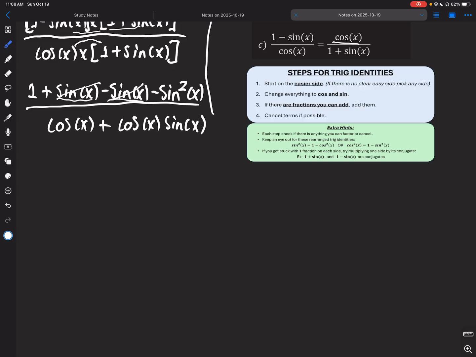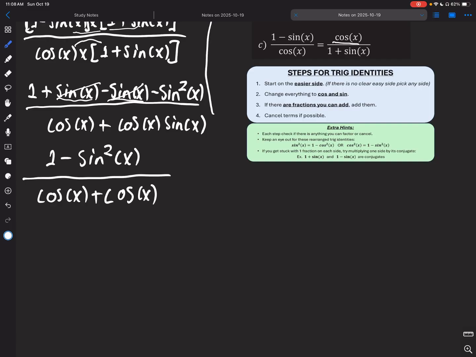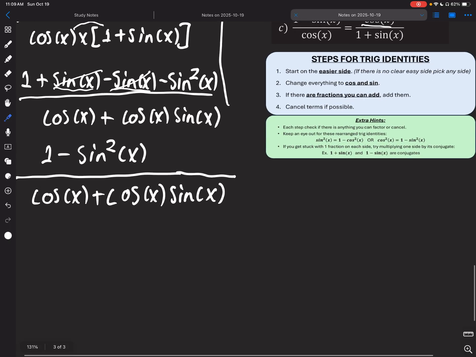So we'll be left with (1 - sin squared x) over (cos x + cos x sin x). Okay, now going back to our steps over here, we've started being able to do some stuff here, so we're not stuck anymore.